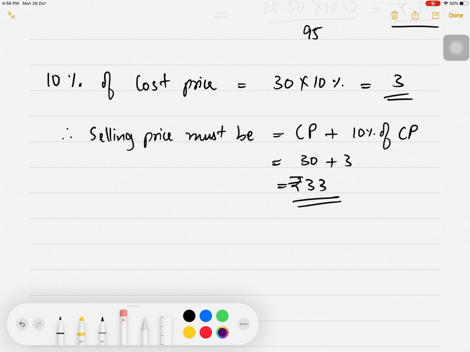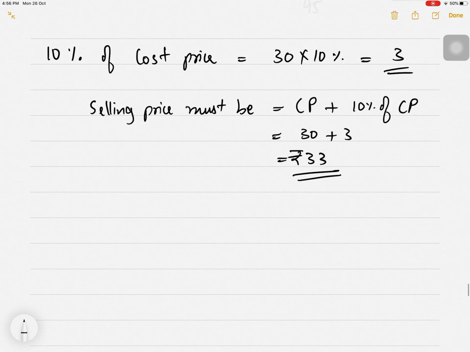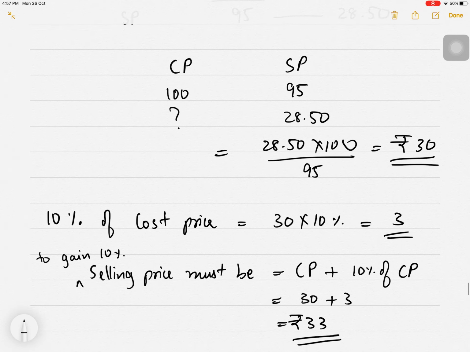To gain 10%, selling price must be cost price plus 10% of cost price, which is 33. Okay.